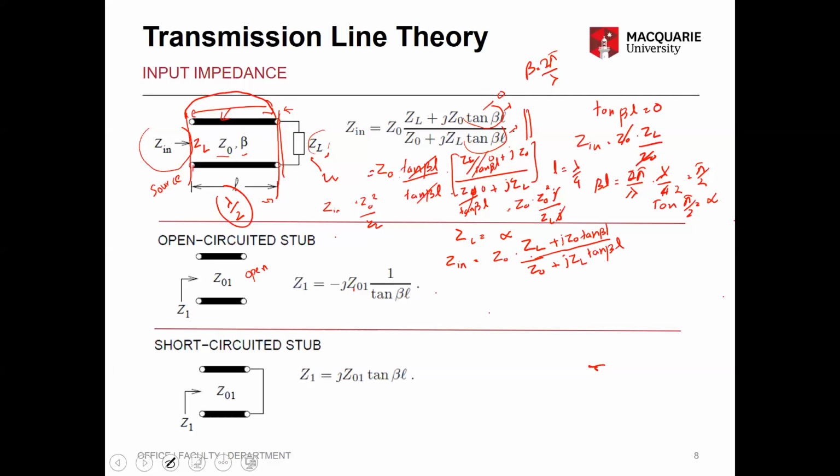Now I'm going to make Z load infinity. So if I take Z load out, 1 plus j Z naught over Z L tan beta L, over 1 plus Z naught over Z L, plus j tan beta L.